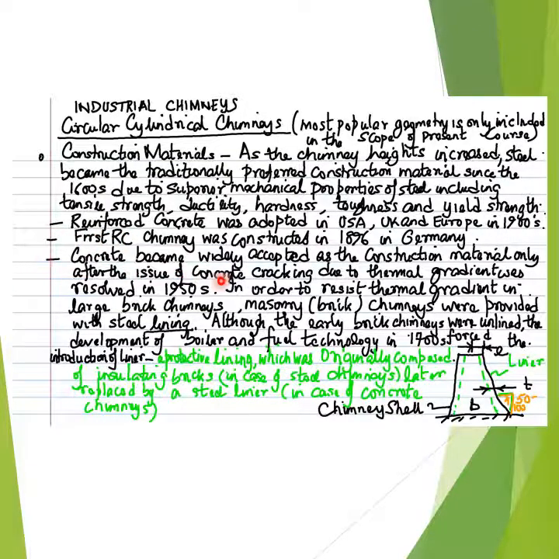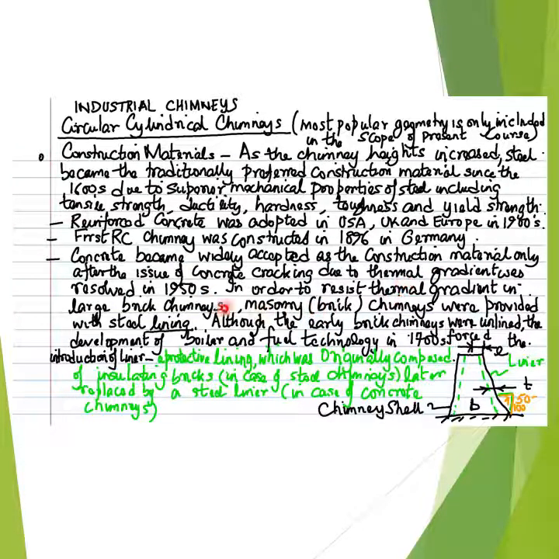Concrete or reinforced concrete, however, was not popularly accepted as the construction material for construction of industrial chimneys because of the issue of cracking of concrete due to the thermal gradient, and it was only in 1950s when concrete or reinforced concrete became widely accepted as the construction material after the issue of the cracking of concrete due to thermal gradient was resolved in 1950s.